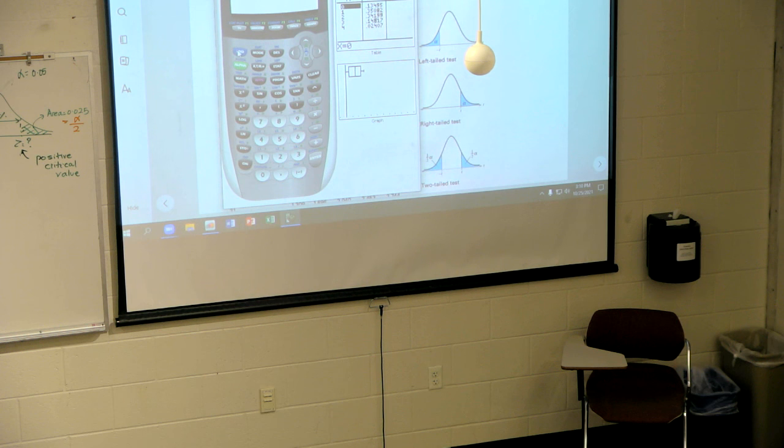So in your calculator, second part, option number 4, I'm going to find the left critical value, multiply by -1 to get the right critical value, which is the positive critical value. So in inverse T, the area below is 0.025. The degrees of freedom is 21 minus 1, which is 20.